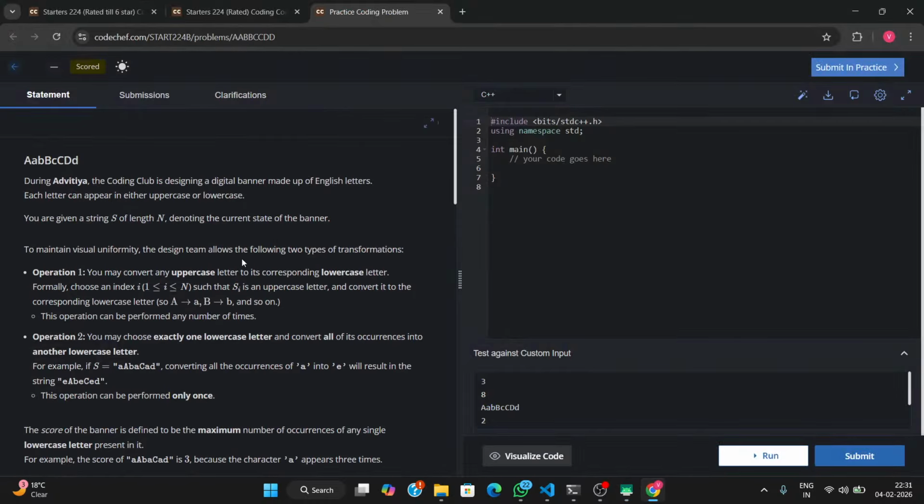So, question one. We have a string S of length n, where we have n characters, which can be uppercase or lowercase both. Operation one is that we can convert any uppercase letter to a lowercase letter only.